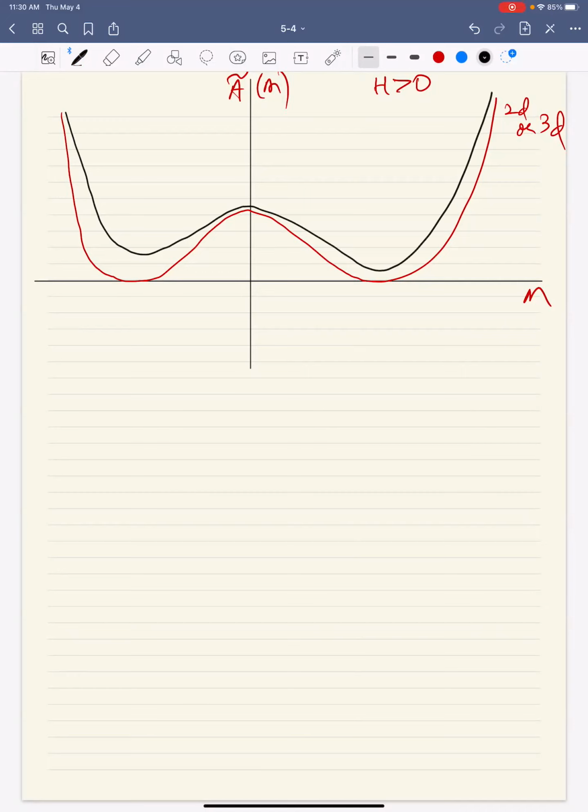And don't worry about the relative difference between the red and black. What you should worry about is the difference between the two basins of the black, okay? So there was a slight delta E that makes M more than 0 slightly preferred if H more than 0.